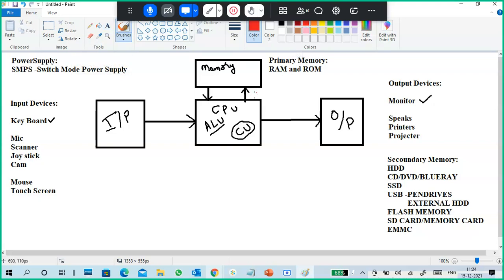I'll put a check mark here. SMPS is very important, the first power supply part. Then CPU, RAM, ROM, hard disk, and SSDs. SSDs are new in the market, so we should compulsorily have an idea of SSDs.